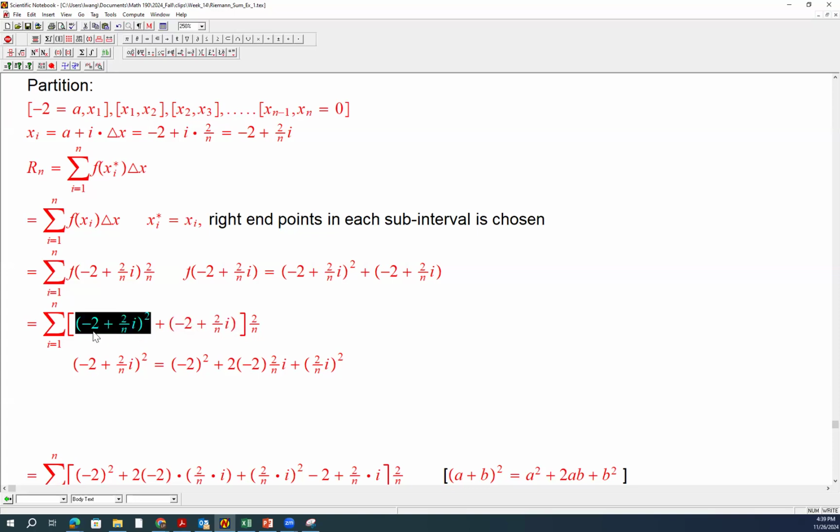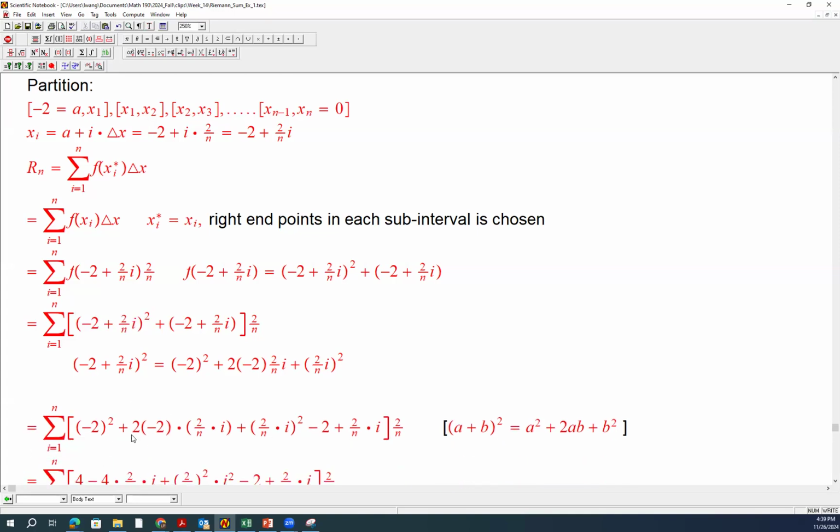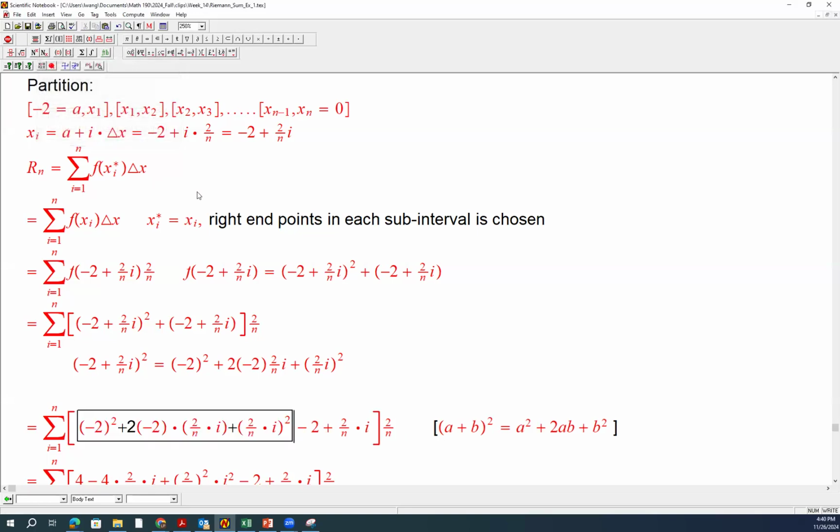On this part, in the next step, you see -2 squared plus 2 times -2 times b, a squared plus 2ab plus b squared. So this piece, let me box it temporarily, is the same as that piece.